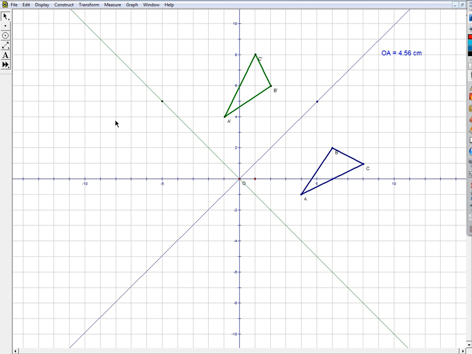Just by looking at this now, can you tell me, could I have created the green triangle by rotating the blue triangle about any point? The green triangle is a reflection of the blue triangle in the blue line. Agreed? Could I have rotated somehow the blue triangle about a point and made it line up perfectly with the green one? Think so?